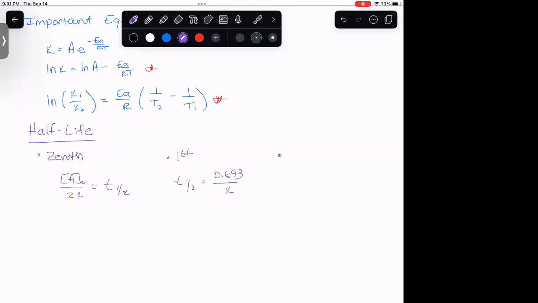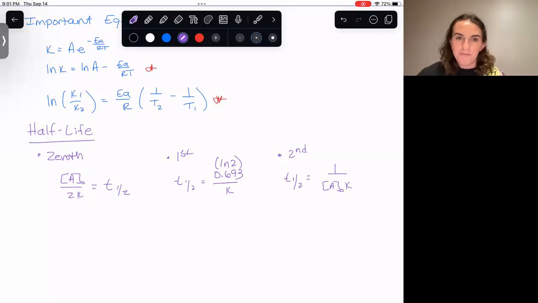That's 0.693. And then second order is equal to 1 over K times the concentration. Yep, so the ln of 2 is just a value, 0.693.